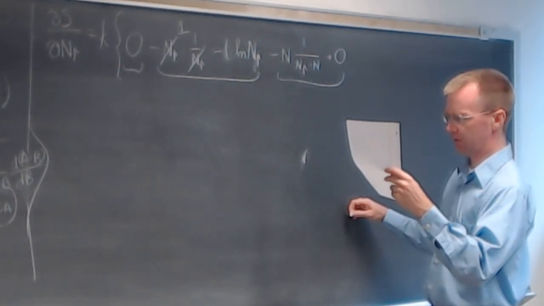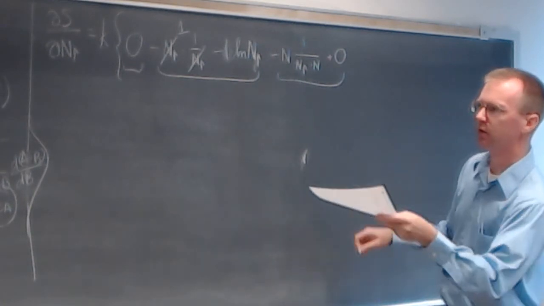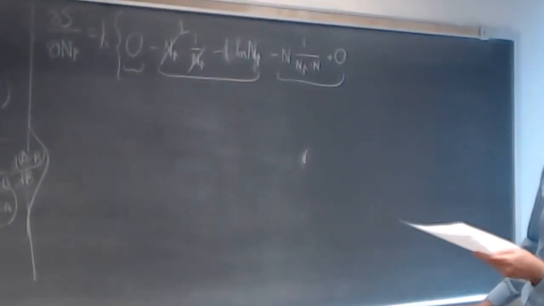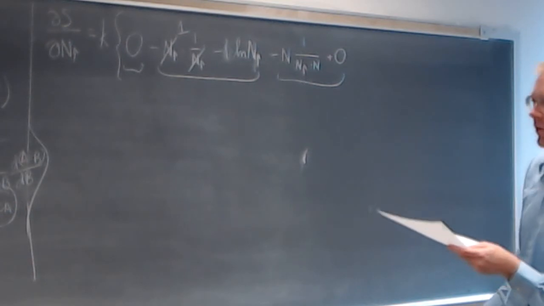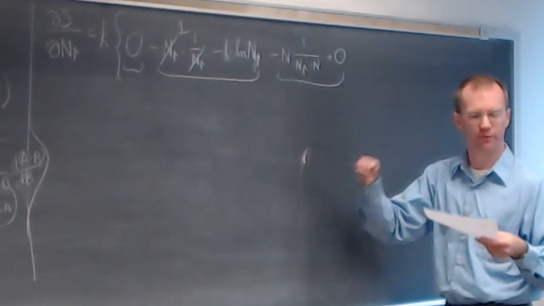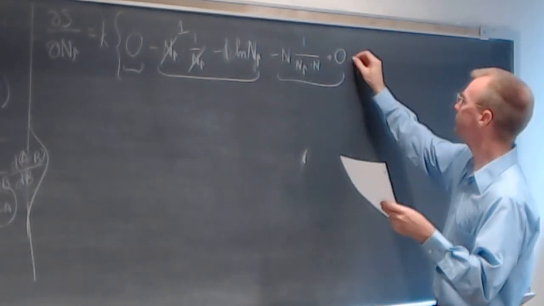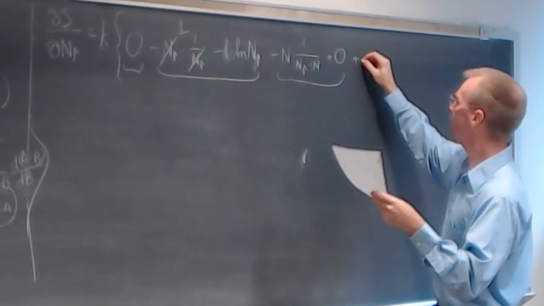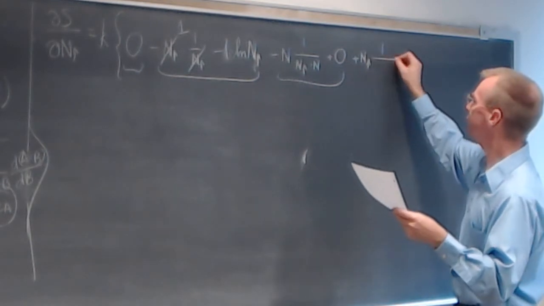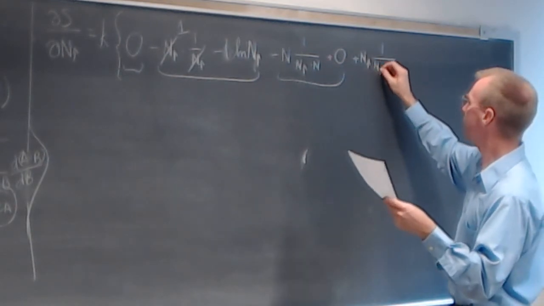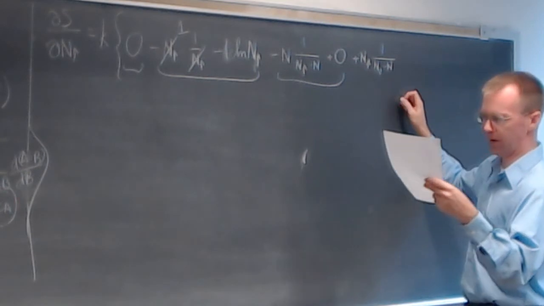Okay. And now our last term is positive n up log of n minus n up. Take the derivative with respect to n up. n up times 1 over n up minus n.